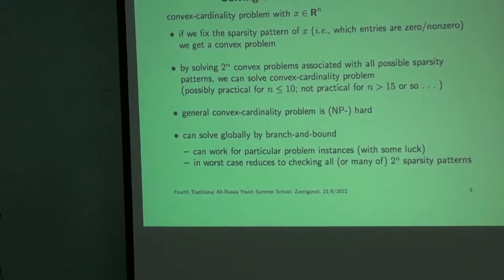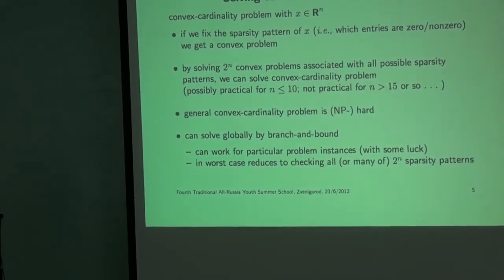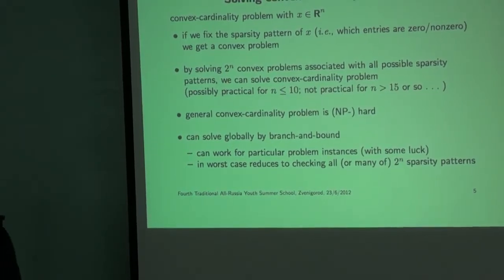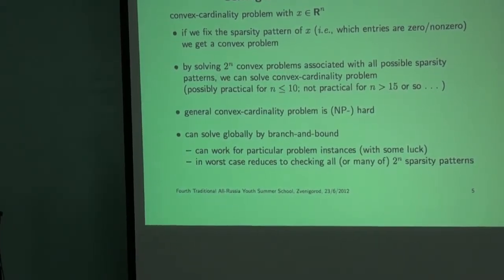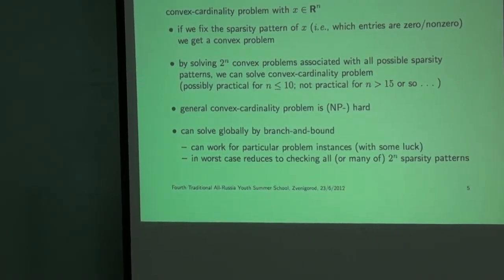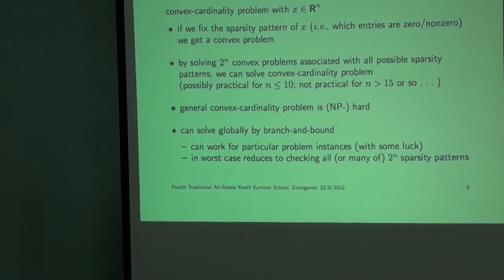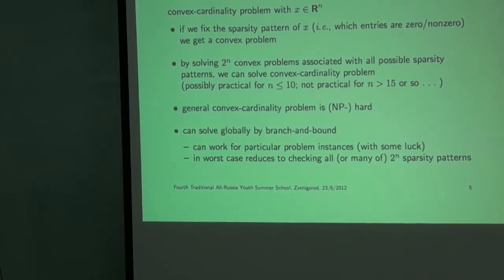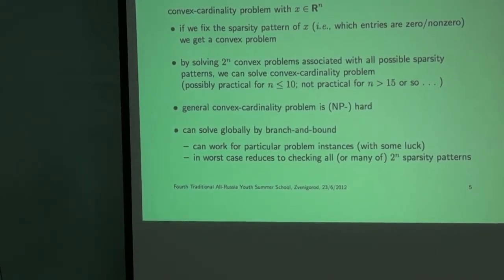Now, the general problem is NP hard. Which means something, but don't read more into it than it deserves. It means precisely that, from a theoretical point of view, it is as hard as many other problems which are thought to be hard, but not yet known to be hard. It's quite likely that they are hard.